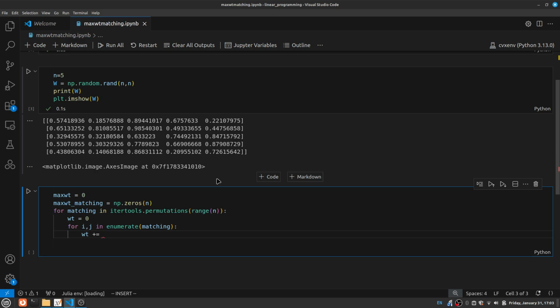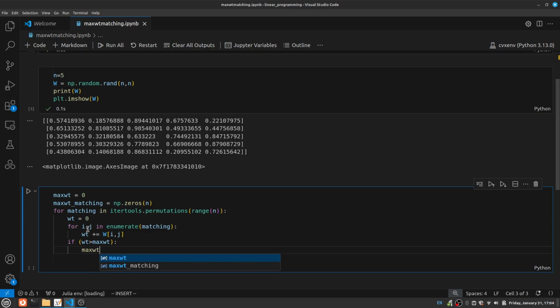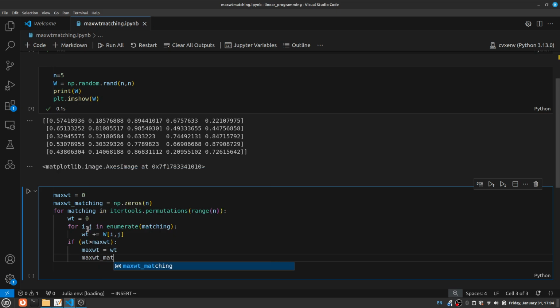So the total weight is just the sum of W of i comma j. This cycles through all i comma j's in the matching and adds it up. If the weight is greater than the max weight, then you set max weight equal to weight and update the max weight matching.